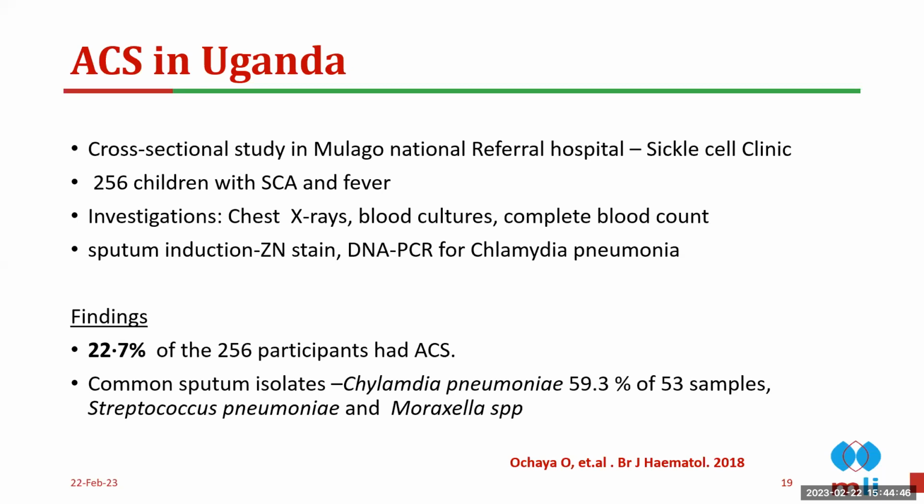So what did they find? They found that 22.7% of these children actually had acute chest syndrome, and the most common isolate from the sputum was Chlamydia pneumoniae at 59.3%. So it's important to note that as we prescribe antibiotics for children with sickle cell disease who present with acute chest syndrome, we should think about atypical bacteria as a potential cause.